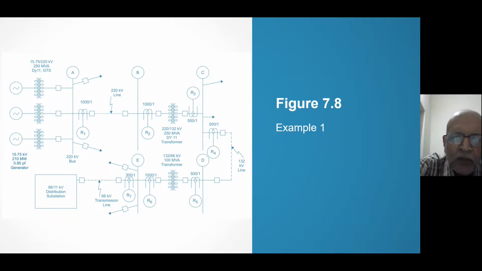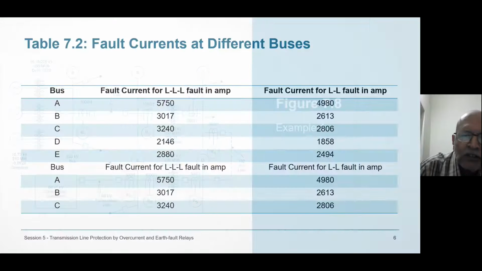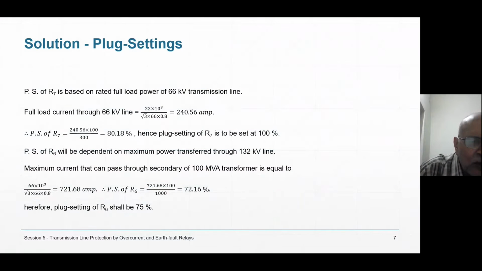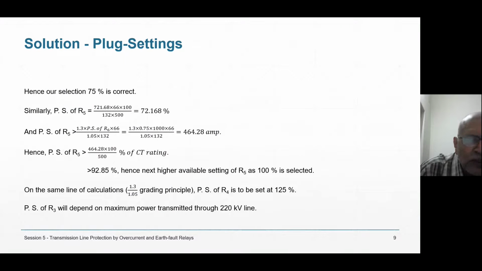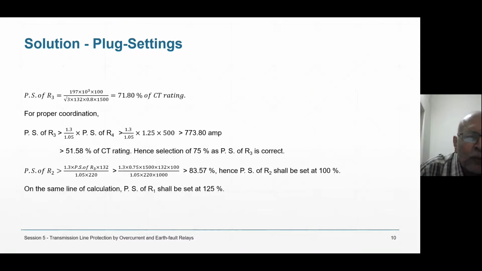If I calculate the plug setting of R3, where have I calculated the plug setting of R3? Plug setting of R3, 220 kV line, 1500 ratio. So R3 is not 500 bar 1 but 1500 bar 1. Please correct that. R3 is fed by 1500 bar 1, so that comes to be 75%.